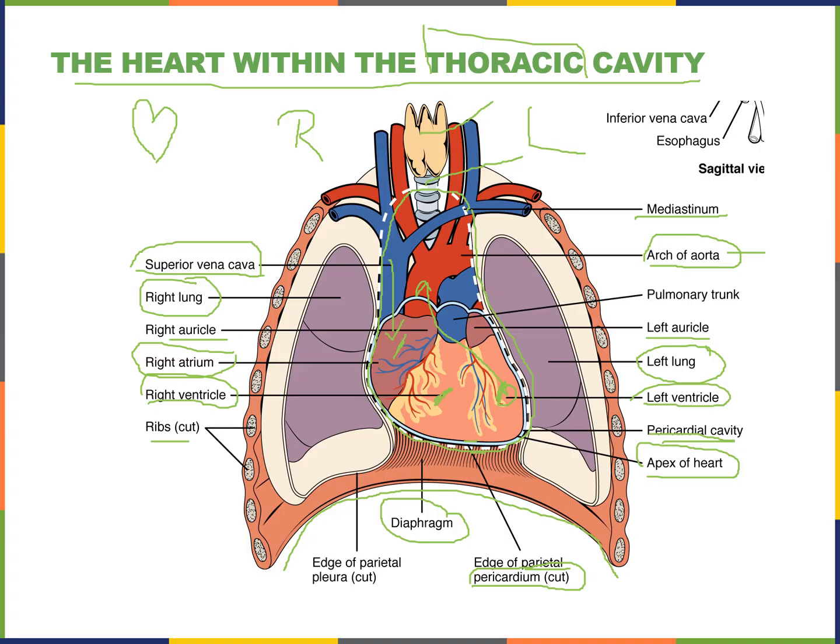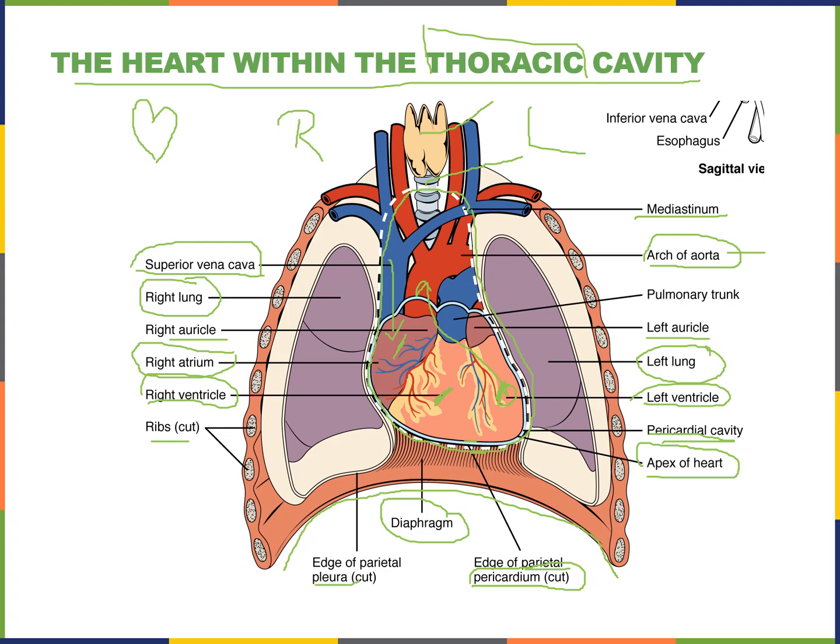So whenever there's movement, there's a risk of membranes rubbing against each other, which again, just like we don't want bones rubbing against each other, we don't want membranes rubbing against each other. And one other feature of this sac that the heart sits in is that it isolates the heart from the lungs, because the lungs have their own membrane.